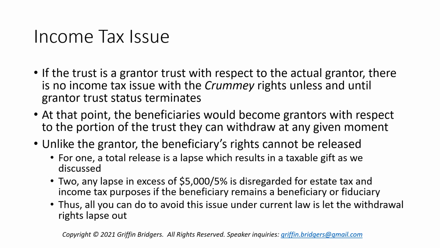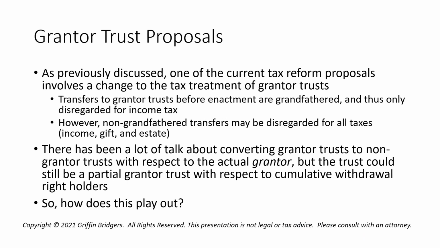Because as long as the beneficiary remains that status and has the right to receive income or control distribution of income, it's still going to be a grantor trust with respect to that beneficiary. So all you can do to avoid that issue is maybe let the withdrawal rights lapse out, but even then, that may not be enough.